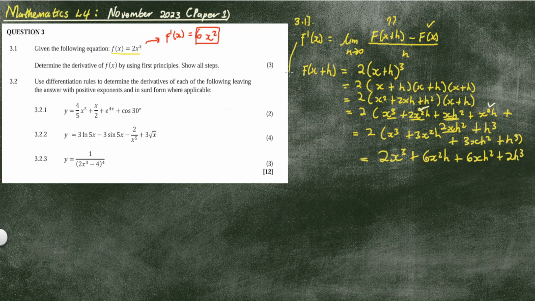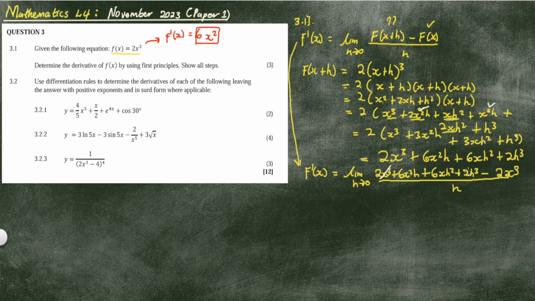Then we go back to this formula. f prime of x is equal to the limit of h approaching 0 of 2x cubed plus 6x squared h plus 6xh squared plus 2h cubed minus 2x cubed, over h.